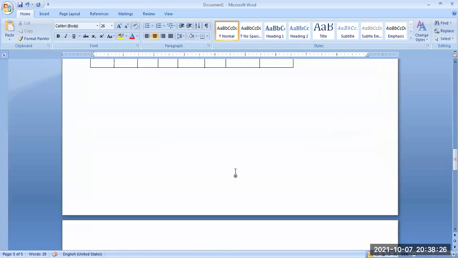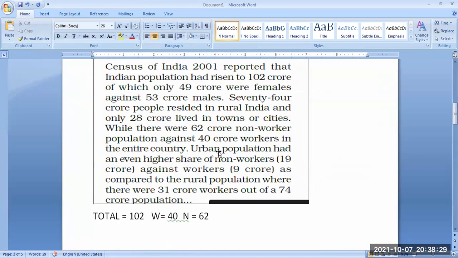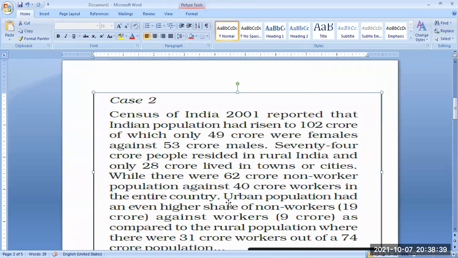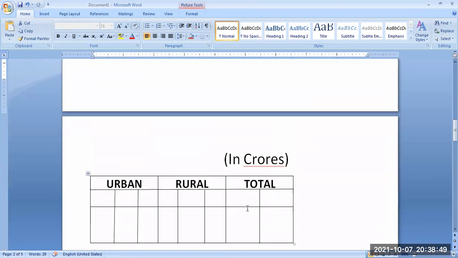In the last table, I selected a heading like urban and rural workers, or simply workers and non-workers of India population. That was a suitable heading.